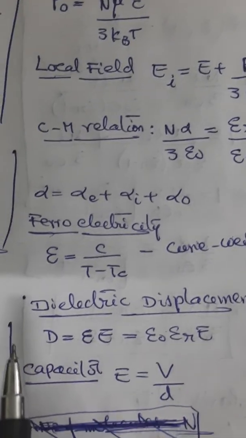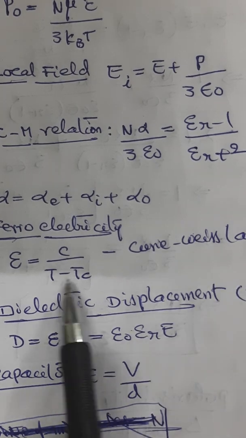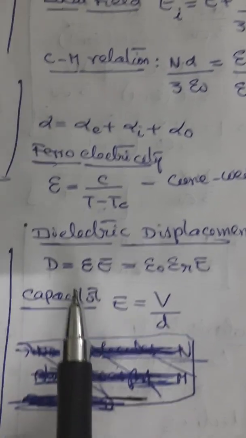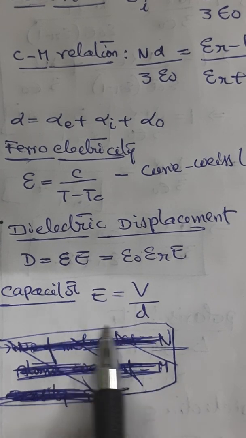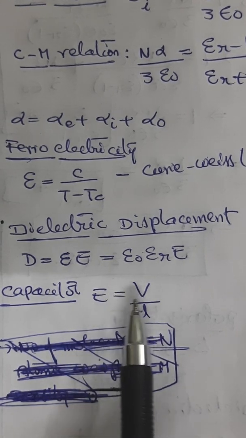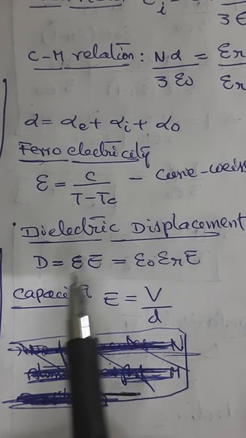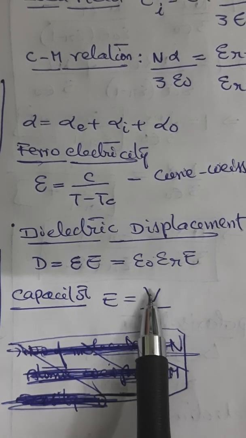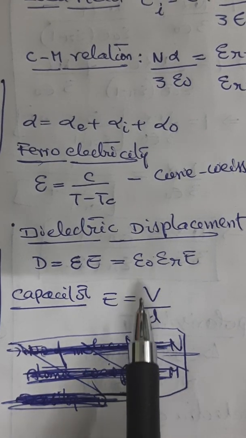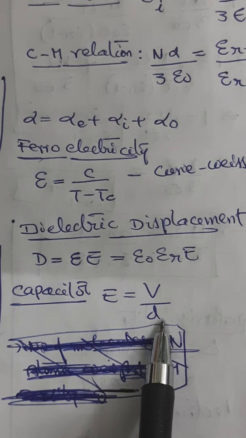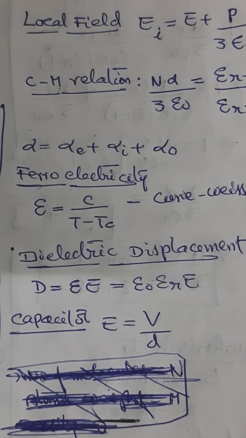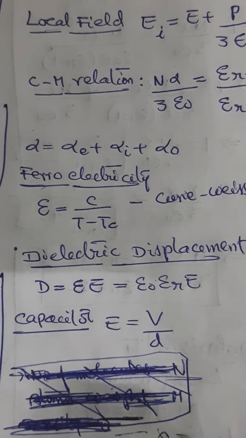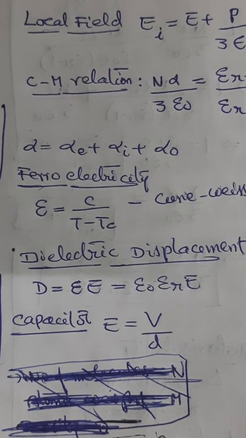And from the ferroelectricity concept, the Curie-Weiss law and dielectric displacement. Of course, this is the general formula for capacitors. In the case of the capacitor, you can calculate the electric field as a ratio between the potential difference and the distance of separation between the plates. So these are the basic formulae on which the majority of the numericals can be solved.